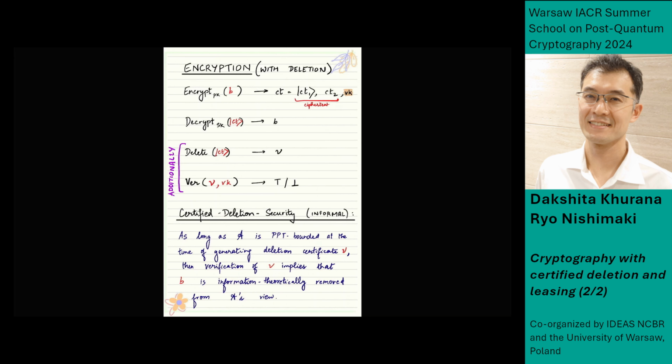As long as the adversary is QPT, quantum polynomial time bounded, at the time it generates the deletion certificate D, we check this certificate D by using the verification key VK, and after that, if this certificate is valid, then even if the adversary is computationally unbounded, B is hidden in the information theoretic sense.